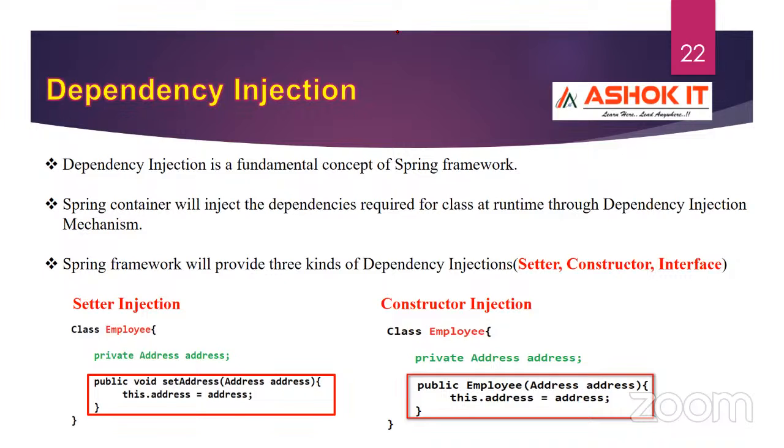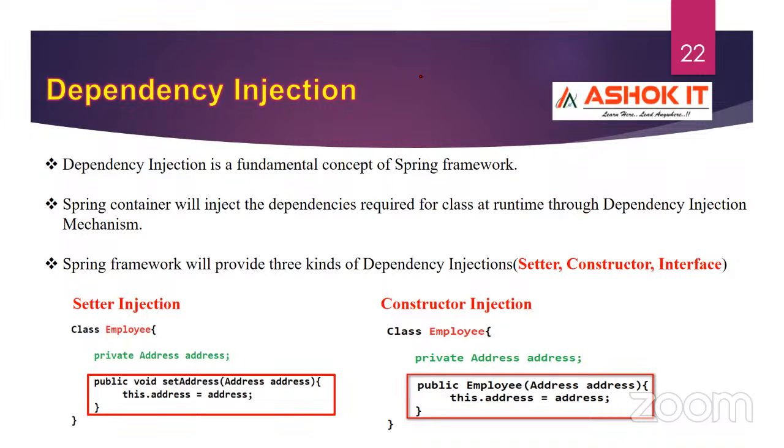Okay, fine, guys. The point you need to remember here is, if one class requires another class object, like the employee class requires an address class object, can you please confirm, am I creating an address class object using the new keyword inside the employee class? No, I'm not creating anything at all.